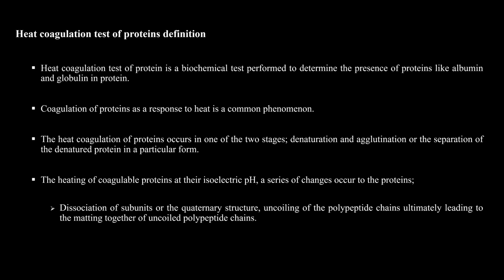Heating of protein occurs in one of two stages, denaturation and coagulation. Denaturation of protein is a particular form of change. In heat coagulation, a series of changes occur in the protein. These changes disrupt the structure, uncoiling the polypeptide chains, ultimately leading to the clumping together of the uncoiled polypeptide chains.